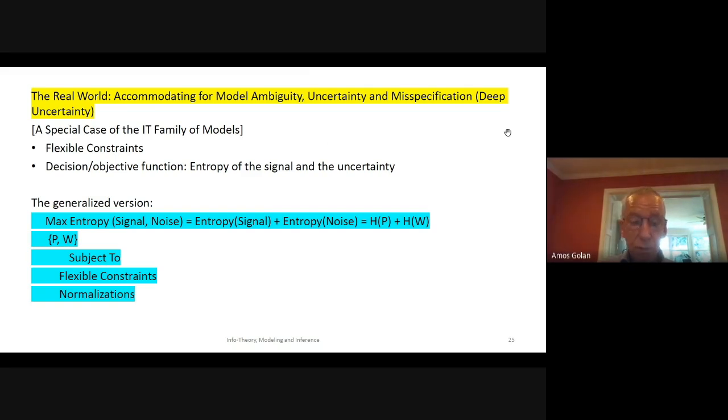Now that we have the framework, in life we basically have uncertainty and misspecification problems. It's usually called ambiguity and uncertainty, or misspecification. Now I want to extend the classical maximum entropy model so it can accommodate all of those possible uncertainties, or deep uncertainty.